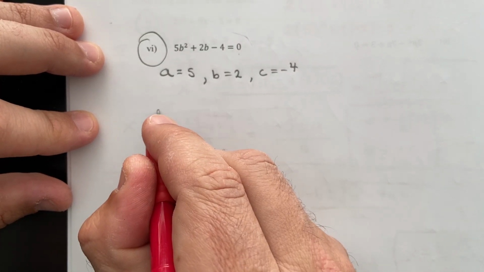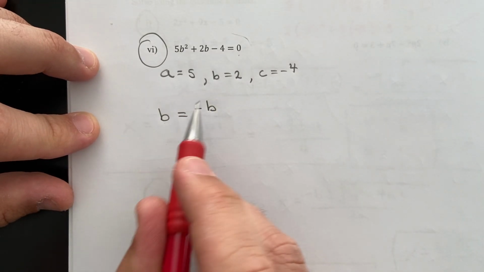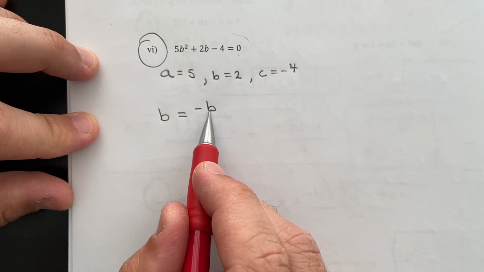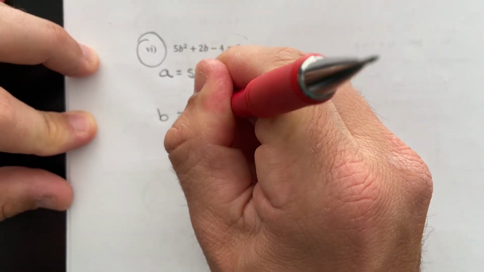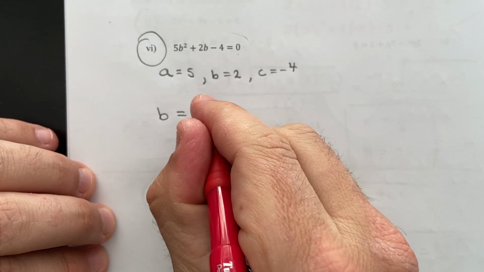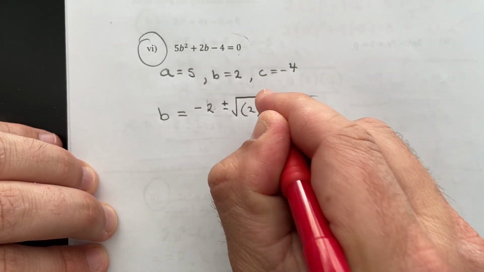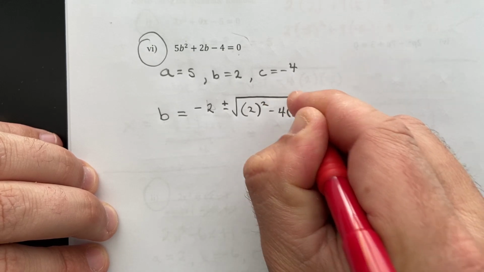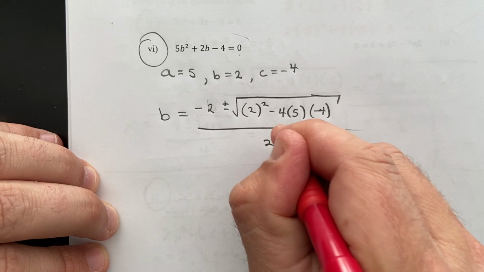So I have that B should equal the opposite of B. So this variable is this variable. This B is this B. So I'll have the opposite of 2. In other words, negative 2 plus and minus the square root of 2 squared minus 4 times 5 times negative 4, all over 2 times 5.